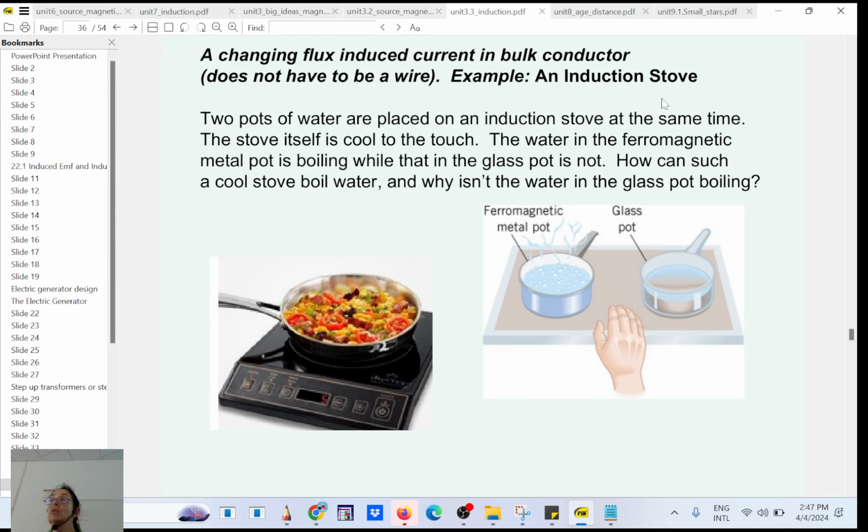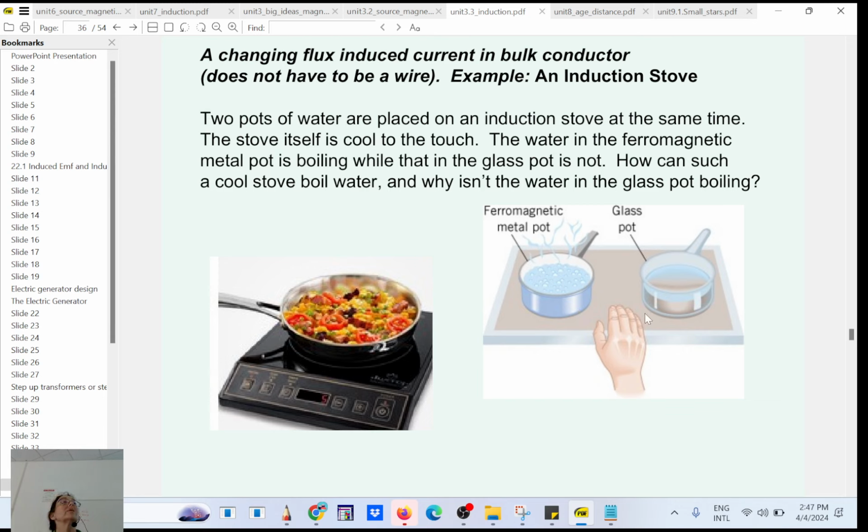It's an induction stove. So do you think if you have a glass pot, it's going to work? You are inducing current. So underneath here you have a coil and you have an AC power supply. So the magnetic field will expand, collapse, expand, collapse. So it's going to induce current.